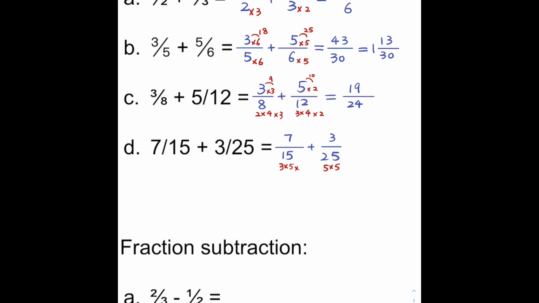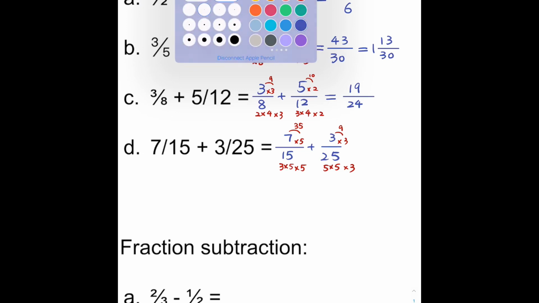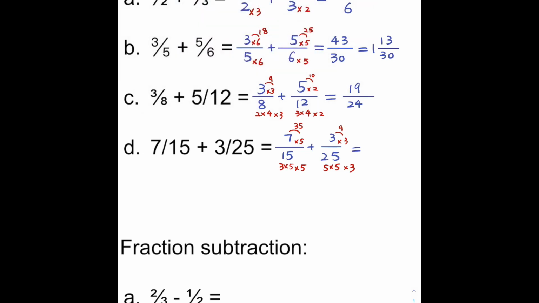We need to times 5, we need to times 3, so 35 and 9, and the bottom will become 25 times 3, 75, and on top will be 44, and that is the answer.